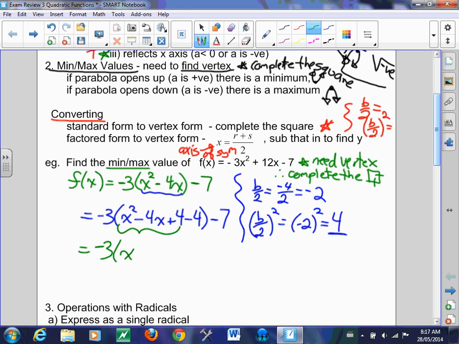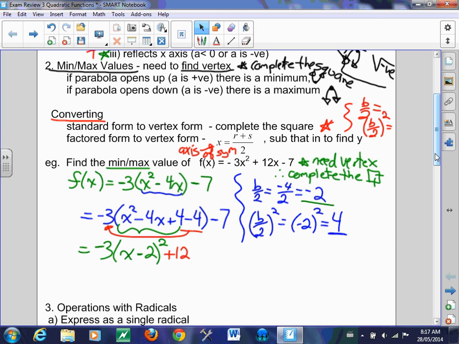So that's going to be x, and if you're not sure what value goes in there, it's right there, minus 2 squared. Don't forget, folks, when you take this negative 4 out, because it doesn't belong, you got to multiply it by the negative 3, so that's going to be plus 12. And then don't forget minus 7 is still here. Collect like terms, and we are done here.